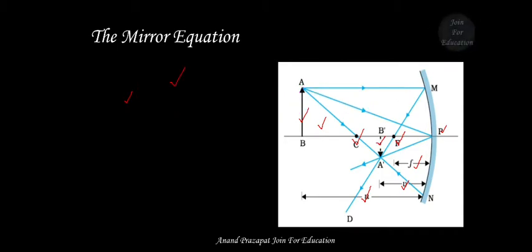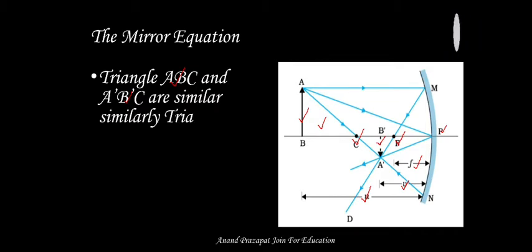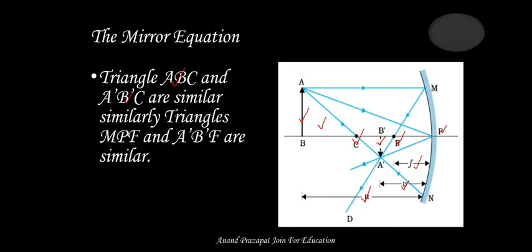So in the case of ABC and A dash B dash C, AB by A dash B dash equals BC by B dash C. But in the case of MPF and A dash B dash F, MP by A dash B dash equals PF by B dash F. From the figure, AB equals MP. So we get BC to B dash C and PF to B dash F in proportion.